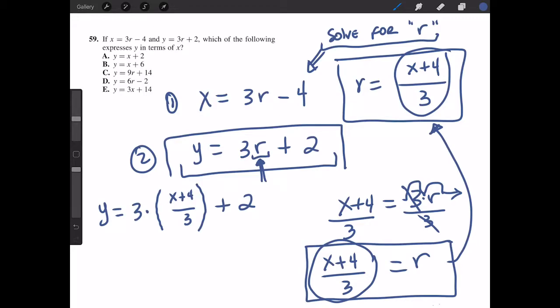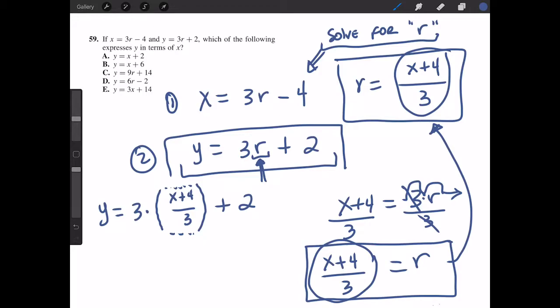Now, let's analyze this for a sec. Sure, you can take this 3 that's multiplying a fraction, put it in fraction form, and then multiply straight across, but you're not going to end up with an expression that will allow you to choose the correct answer. You need to be able to see something. You're multiplying 3 times something, which is what's inside the parentheses.